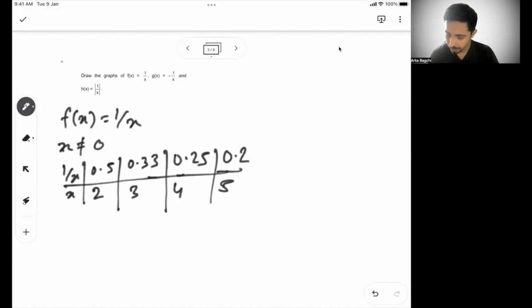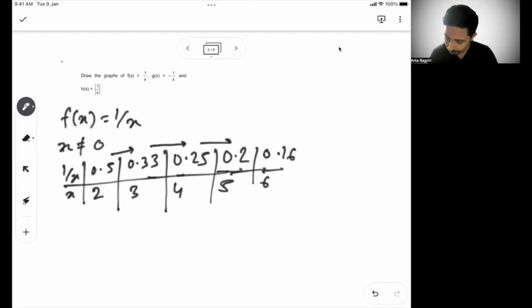Here it has reduced by 0.16 or 0.17, then it has reduced by 0.08, and now it has reduced by 0.05. So the rate of reduction gets slower and slower as you increase the value of x. Similarly, if you check with 6, it will become 0.16. The rate of change keeps getting slower and slower.